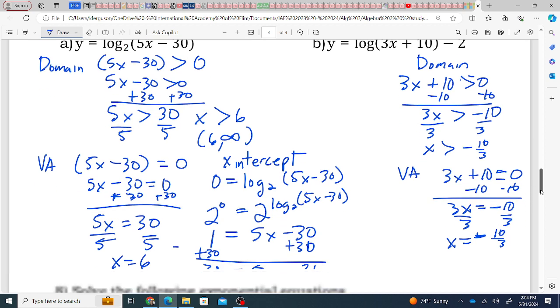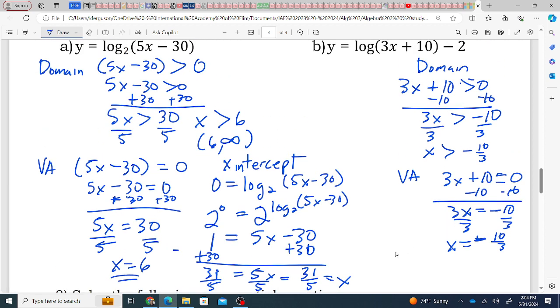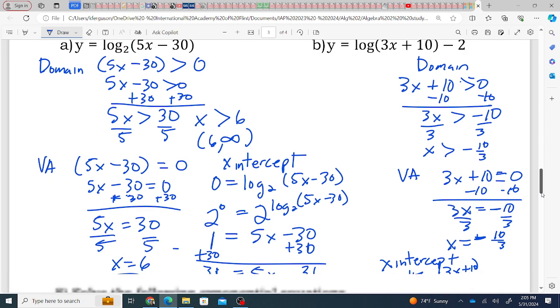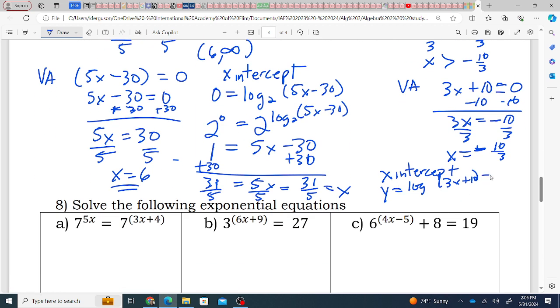And then finally, I need to do the x-intercept. So I've got y equals log of 3x plus 10, oh, whoops, I'm sorry, minus 2.